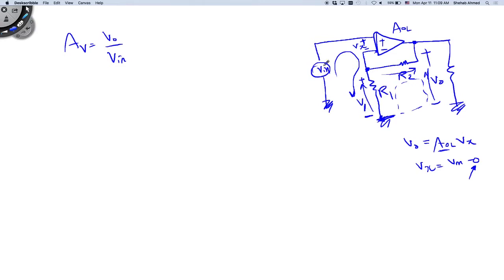Do we agree that V input is equal to V1, since Vx is equal to 0 when I did the positive feedback? So V input is equal to V1. And now I know that since I have Vx equal to 0 and these two resistors connected in this feedback fashion, V output is divided amongst these two resistors R1 and R2.